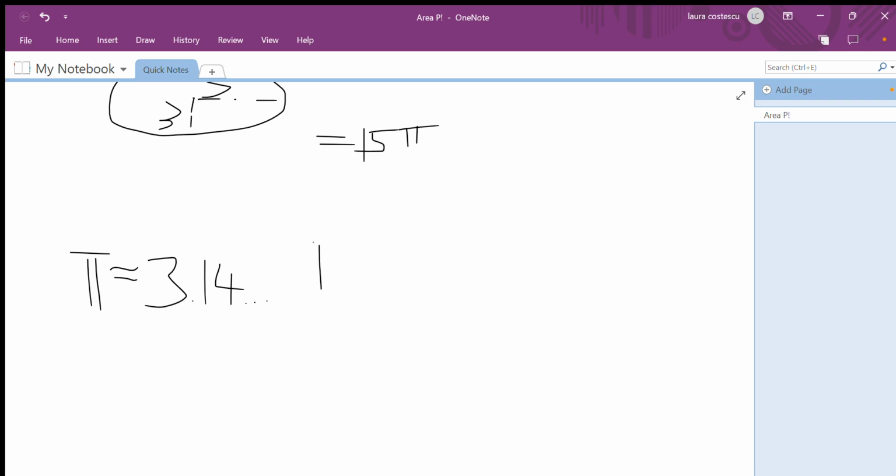And the approximation for pi is just gonna be 3. If you want to be even more precise, 3.1 is a good approximation, but let's use 3. So now this would be approximately 15 times 3, which equals 45.